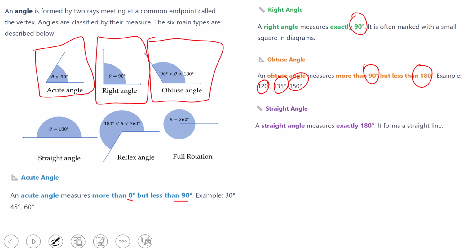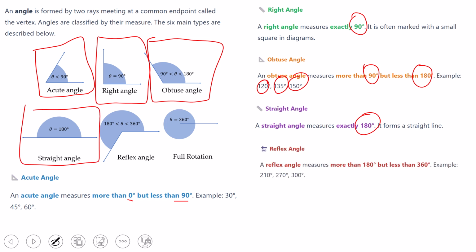Then we have the straight angles. Now these are angles that measure exactly 180 degree. So angles on a straight line measure exactly 180 degree, as you can see over here in the diagram. Then we can talk of the reflex angles. Now with the reflex angles, it has a measure of more than 180, so it goes beyond 180, but it is less than 360.